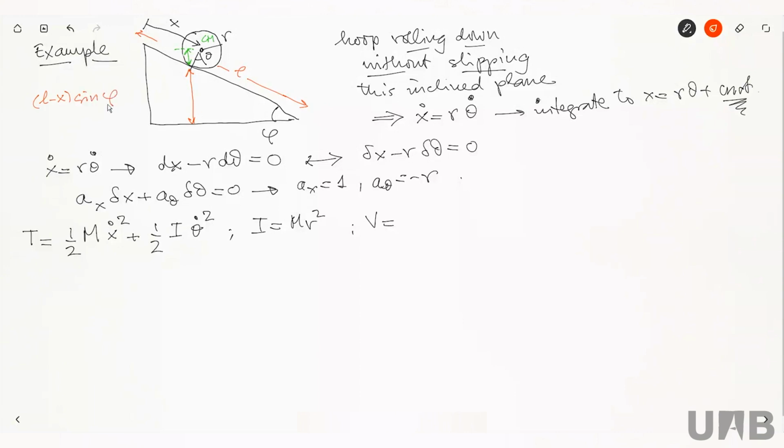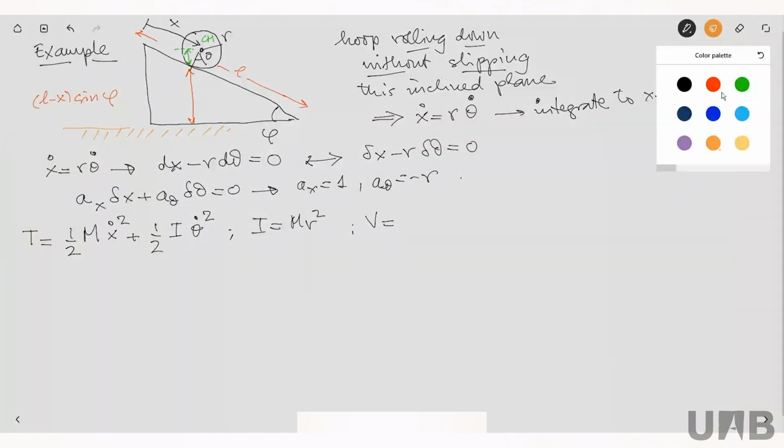You agree with me? Okay, so that's this part. Now there is still the green part, right? Because if I take the origin of the gravitational potential here on the ground, so that's the ground, I still have to worry about the green part.